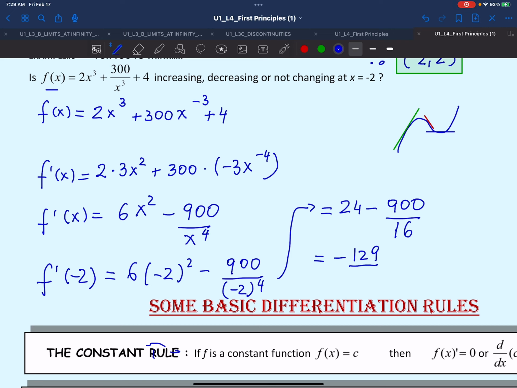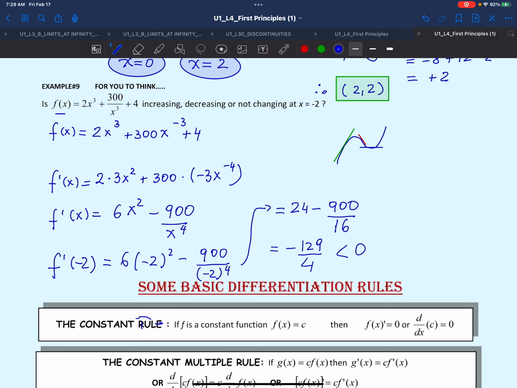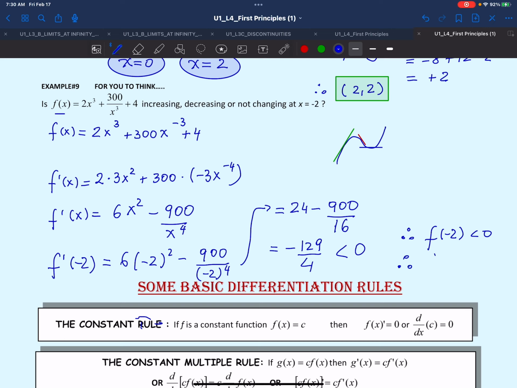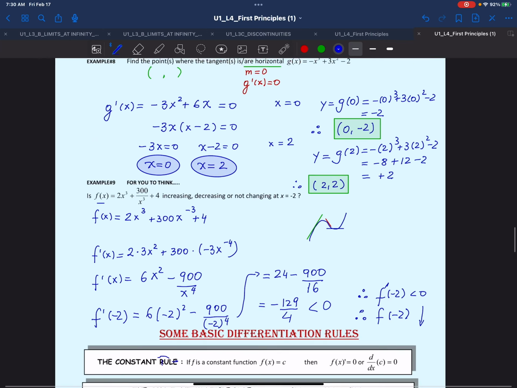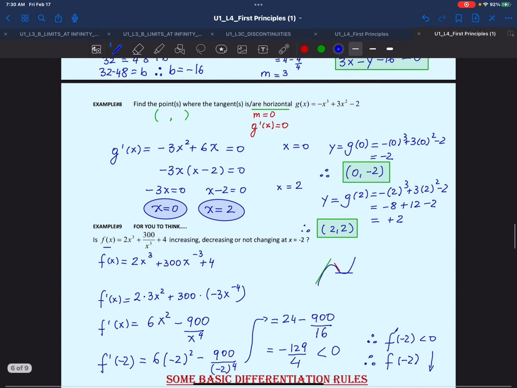I did this by using the calculator here behind the screen. You can see that this is a negative number, which tells us that the rate of change of the function at x equals negative 2 will be negative, which means that the function f of x at negative 2 will be decreasing.